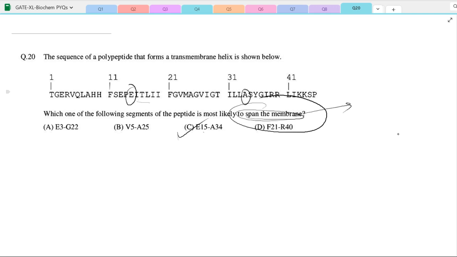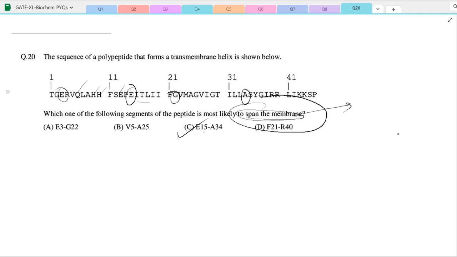However, if you look at the other options, for example E3 to G22, you have a lot of positively and negatively charged amino acids, like asparagine or glutamine, histidines, and aspartate.